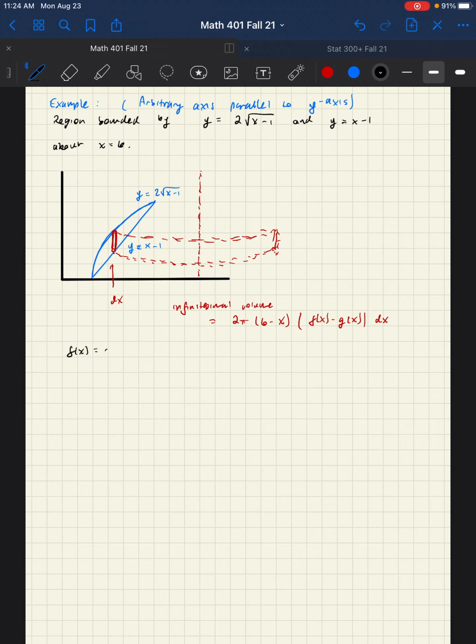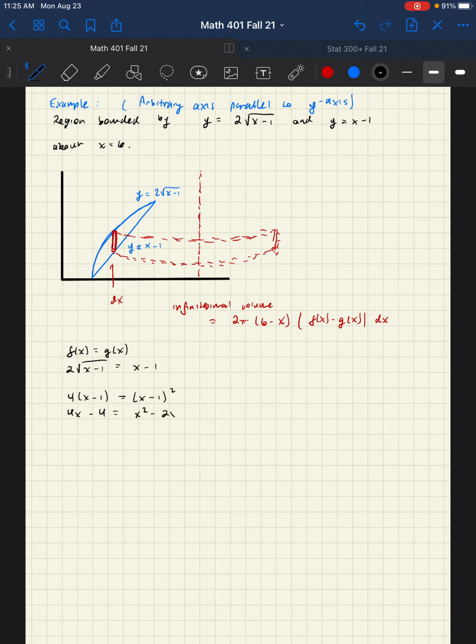So after we find the points of intersection, since we need the endpoints, we're going to set these two equal to each other. So 2 square root of x minus 1 equals x minus 1. This is actually just a radical equation. So square both sides, you get 4 times x minus 1 equals x minus 1 squared.